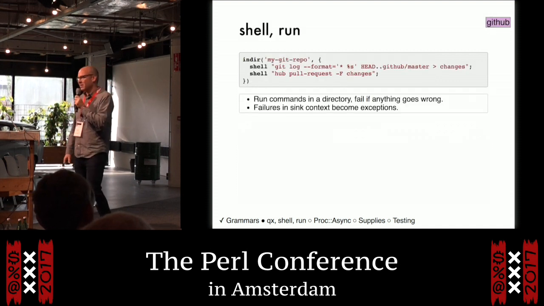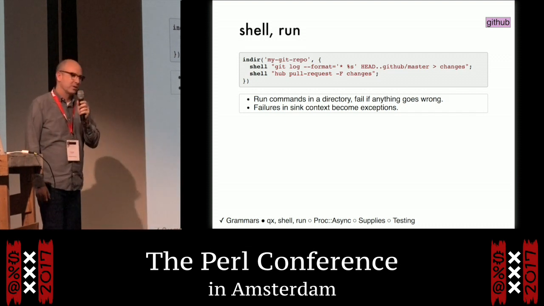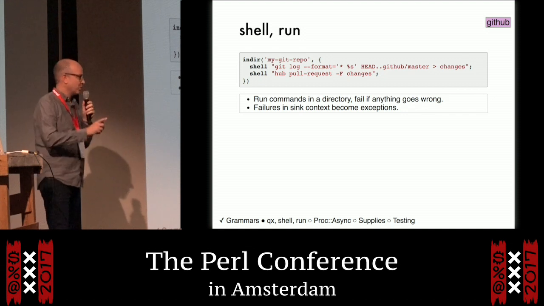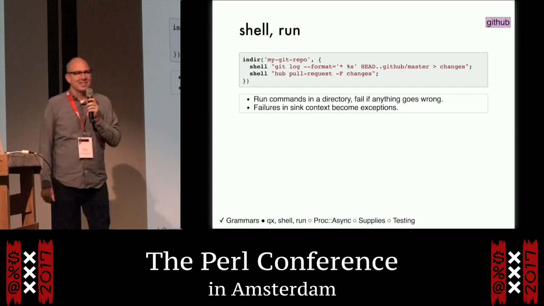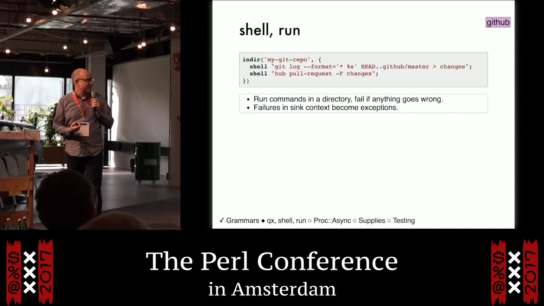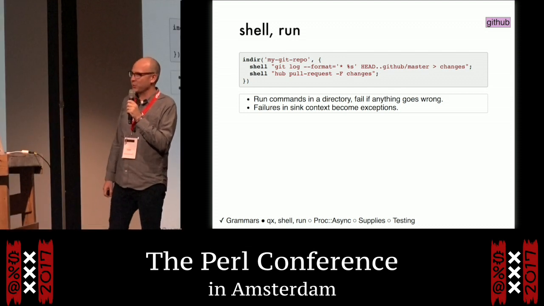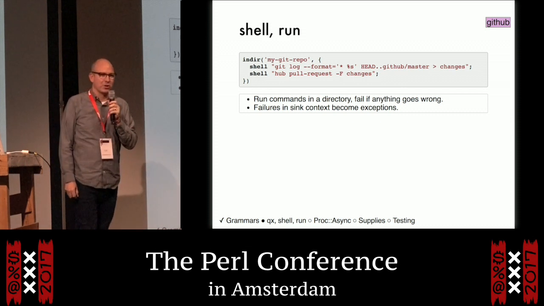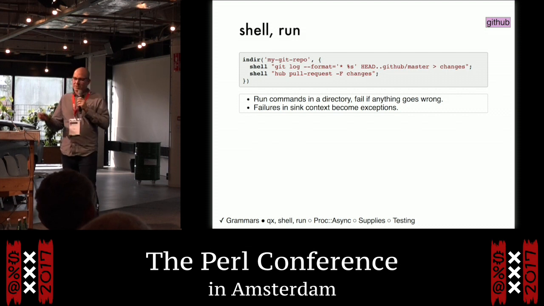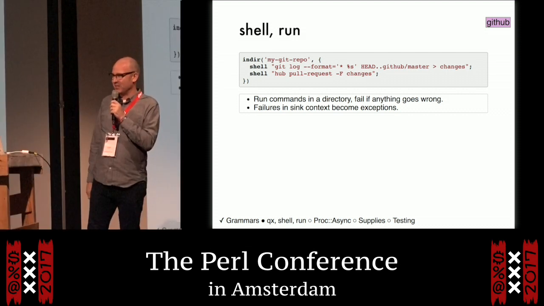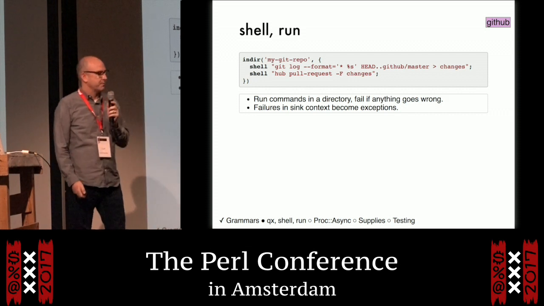Another handy way of using shell and run is with the indir command. So indir changes the working directory just for a little bit, and then changes back when the scope is done. And if you combine that with shell, essentially you have sort of like bash with a -e flag, where you want to exit if something goes wrong along the way. You have to be sort of careful here. So what happens here is if the first shell fails, if it returns a non-zero exit code, then that returns a failure object.